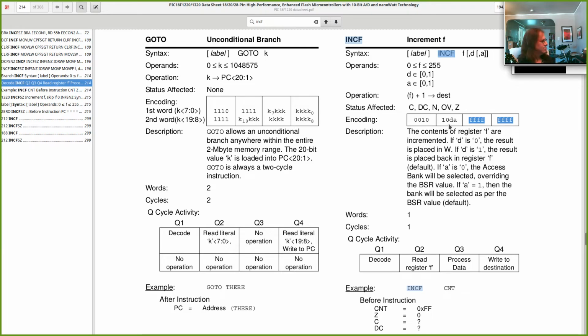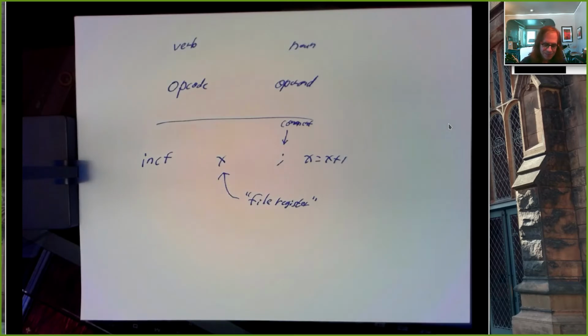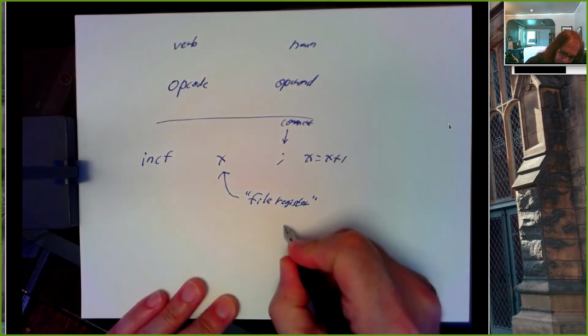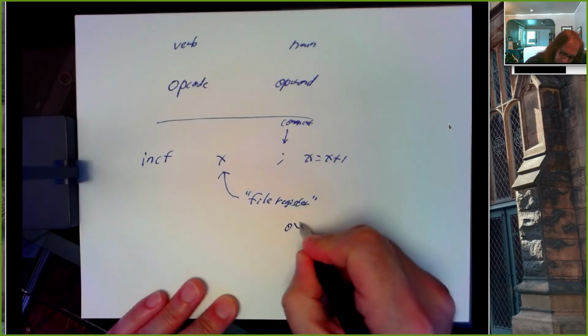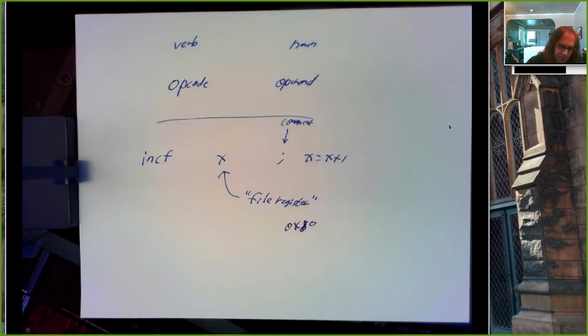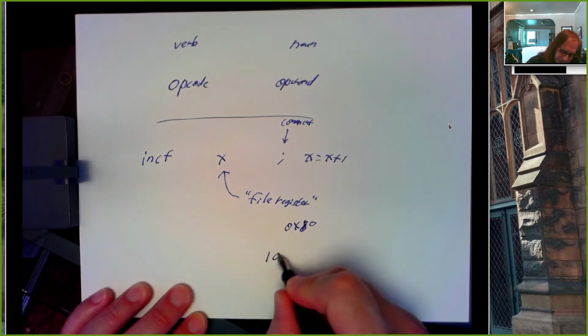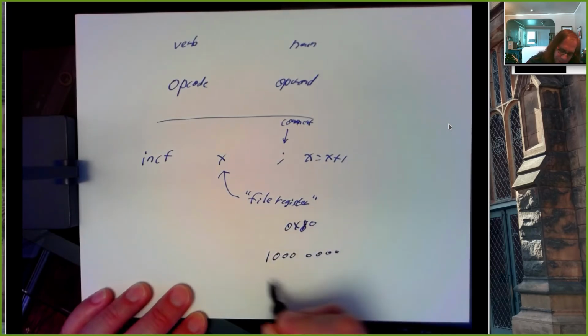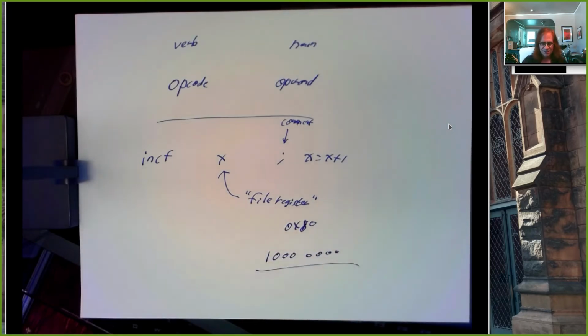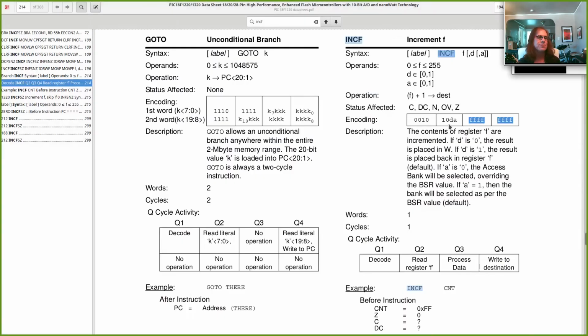Question? So that 8 Fs would be like the end of the data memory, right? That's the address, right? Yeah, so if, for example, let's say my file register was hex 80. If I write hex 80 as an 8-bit number, that looks like this. So that would be the 8 Fs that would be used in place of this. So this is not hex FFFF.